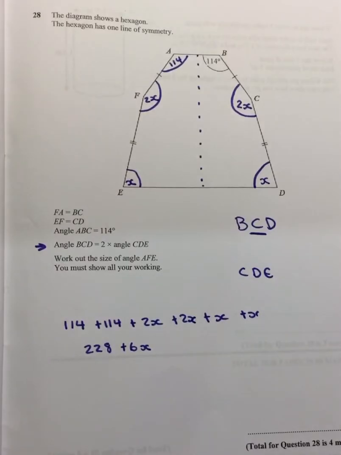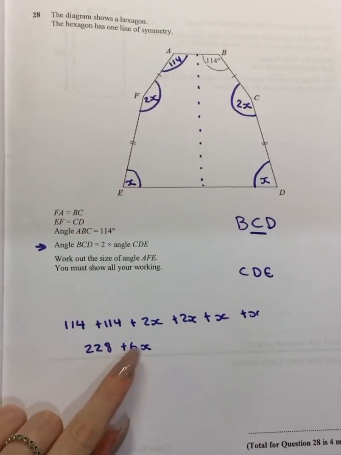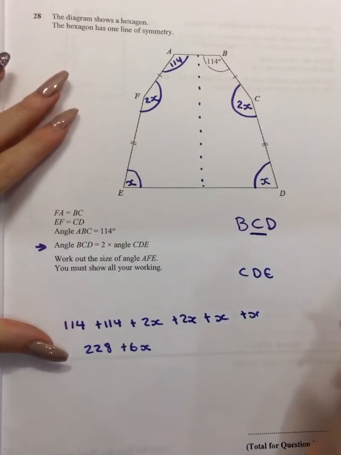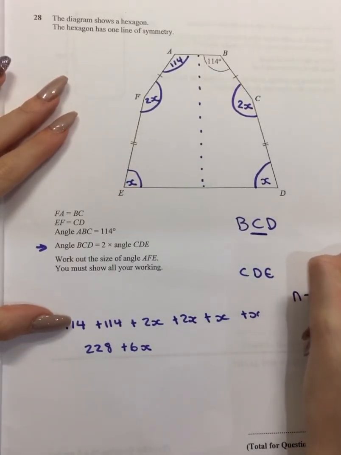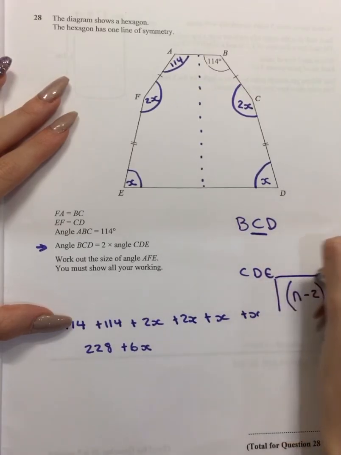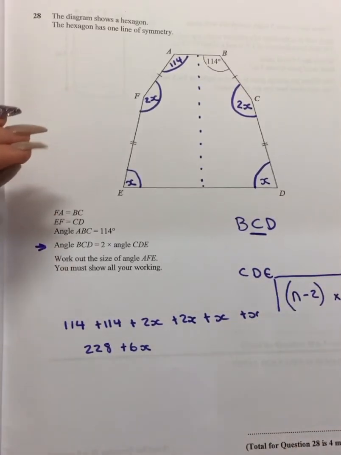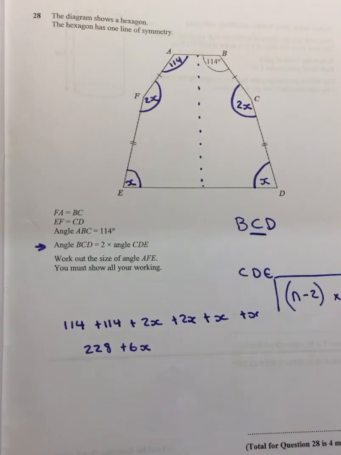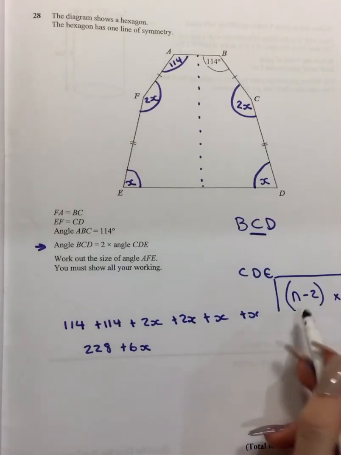Now in order to work out what this x is, we need to have something that it equals. The tricky part is that you have to remember the formula n minus 2 times 180, and that tells us how to work out the total of the interior angles in irregular shapes, where n is always going to be the number of sides.